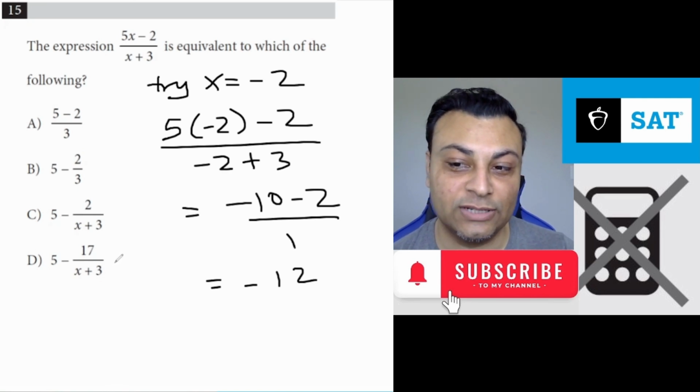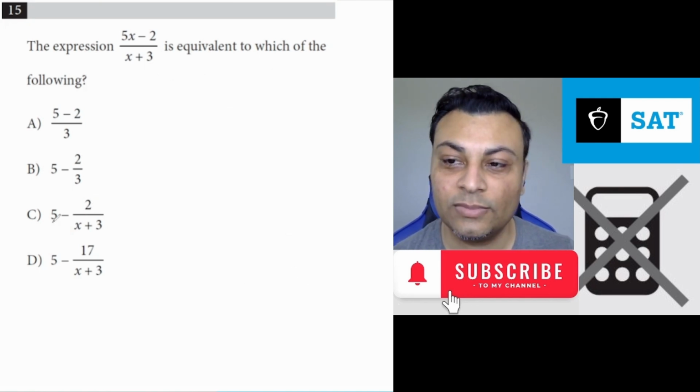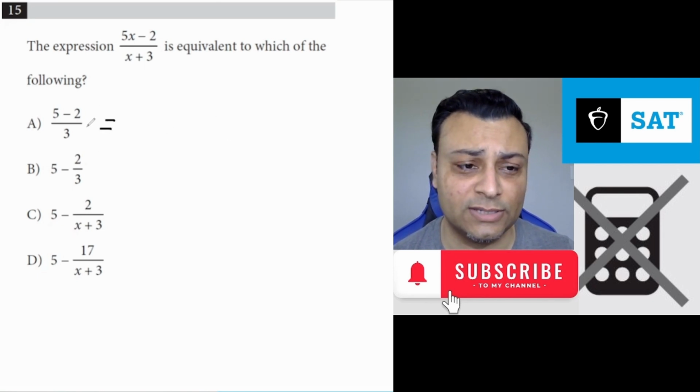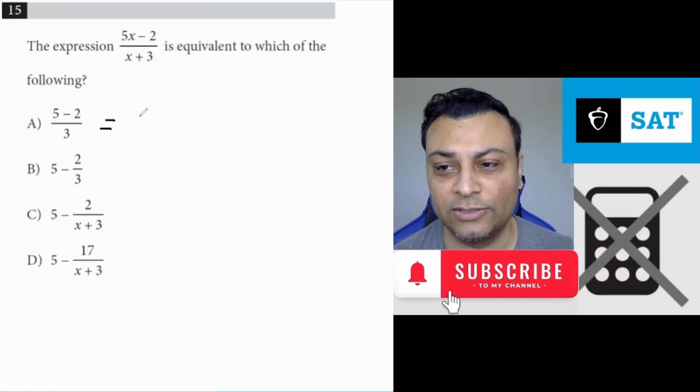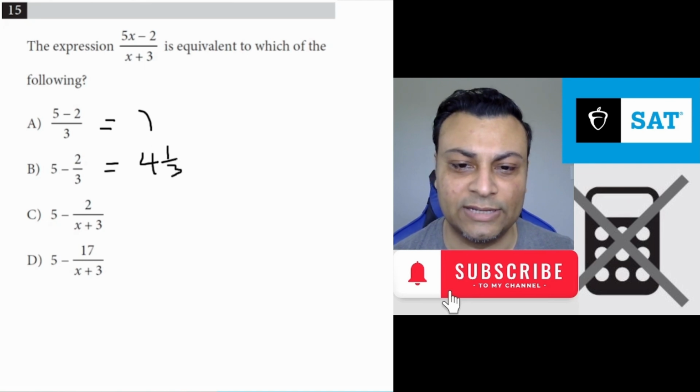It would be unfortunate if more than one option gave me negative 12, because then that wouldn't narrow it down enough. But this one has no x involved, and this is not even remotely close, but this is 1, 5 minus 2 over 3, and this is 5 minus 2/3, so it's 4 1/3. So neither of these is negative 12, so those can be eliminated.